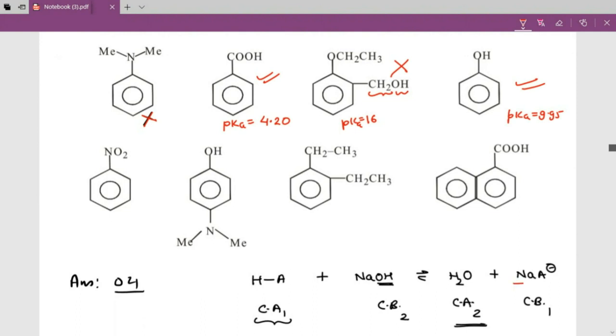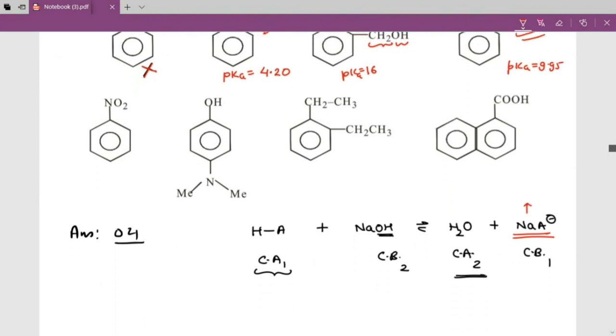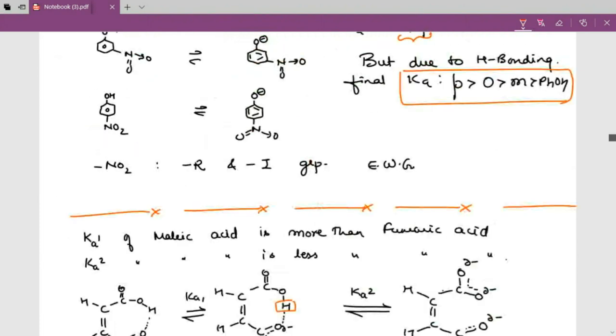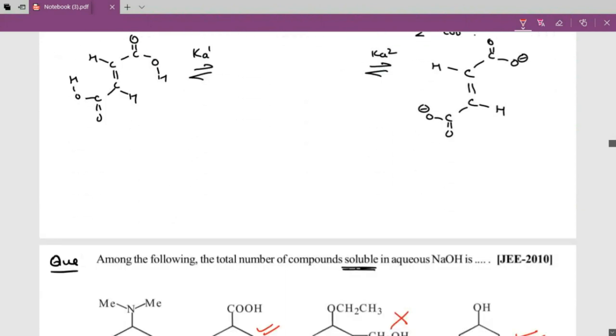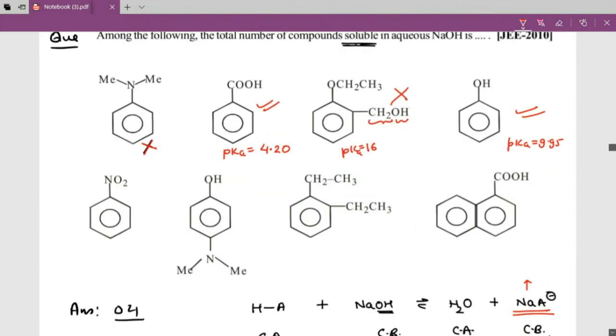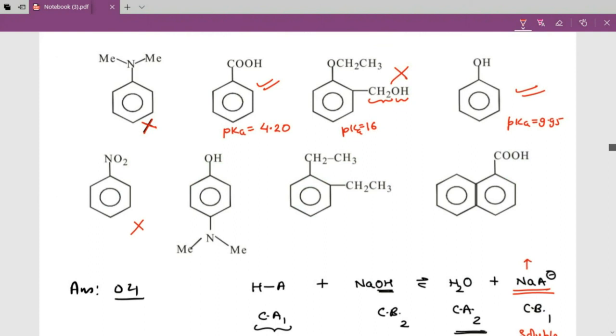Solubility will come when this salt is formed. These compounds are not water soluble. These salts, when formed, are the reason for solubility in NaOH. When they are formed, then our compound will be soluble in NaOH. Okay, so NO2, no choice.